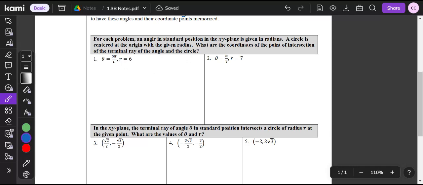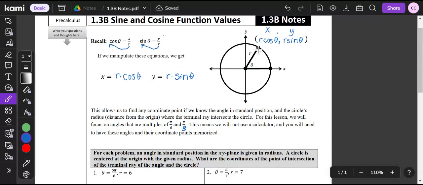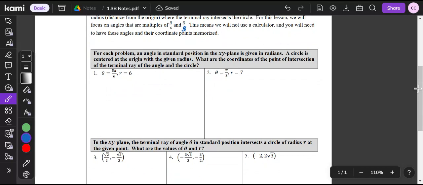All right, so basically all we're trying to figure out is if we have an angle and a radius, what are the coordinates of the point on our circle? All right, so right here, this is really going to rely on you all memorizing your unit circle to the best of your ability.